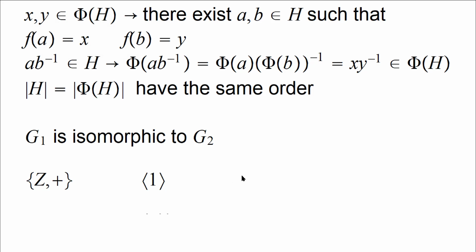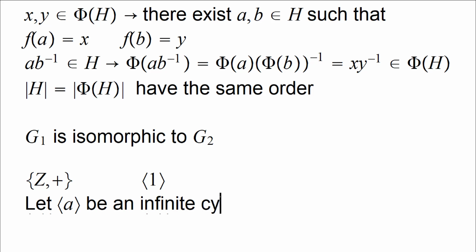Now, in general, if you have a cyclic group, that means this cyclic group is generated by a. Let this be an infinite cyclic group.